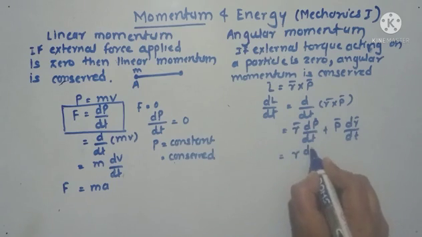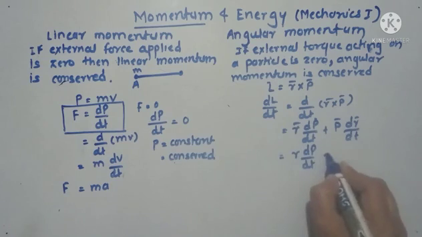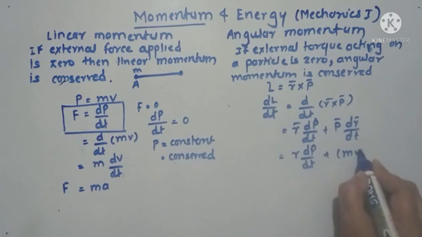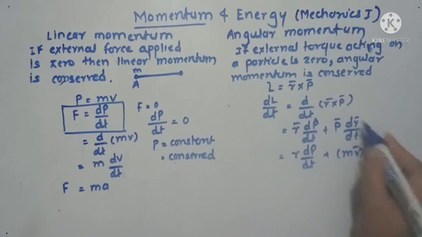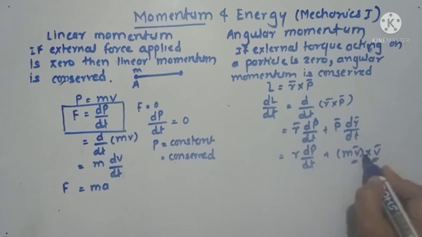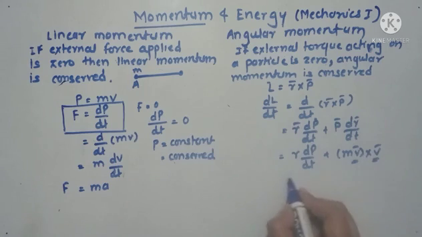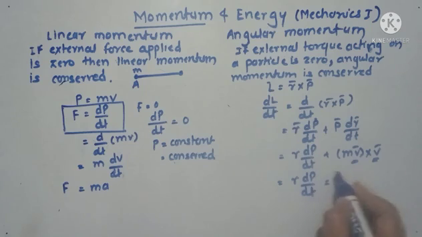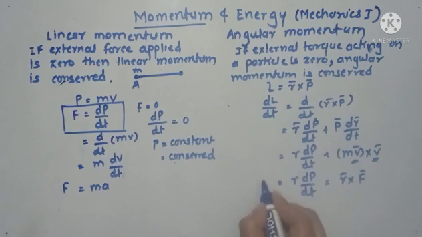So let us keep this term as it is, plus P is nothing but mv, into dr by dt, which is nothing but v, and we know that the cross product of a vector with itself will be equal to 0. So we are left with r cross dp upon dt, and we know that dp upon dt is nothing but the force. So this is r cross F, and this dL by dt is nothing but the torque tau.